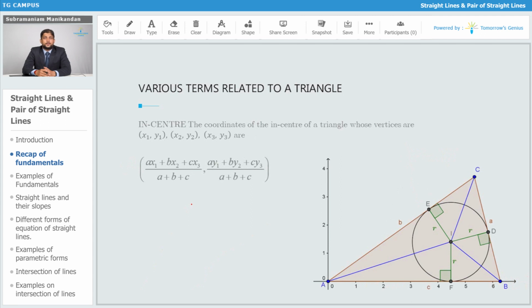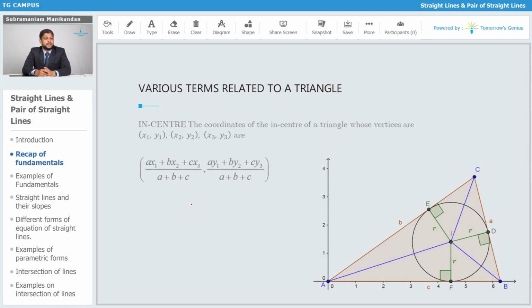Another important point which is related to a triangle is called the incenter. The incenter is the point of intersection of the angle bisectors of a triangle. When you have the incenter and you take a suitable radius, then you can form a circle which touches the 3 sides of a triangle from the inside.